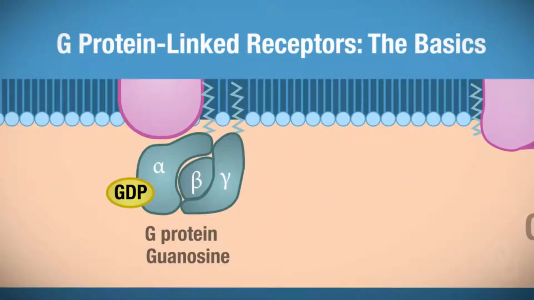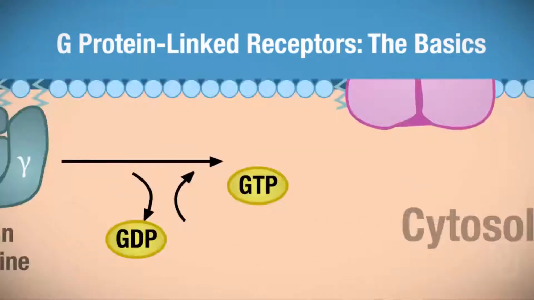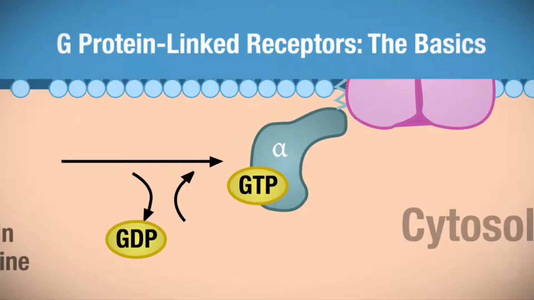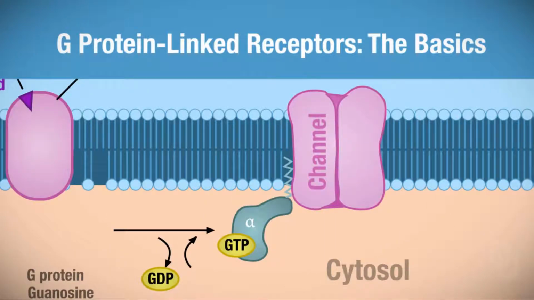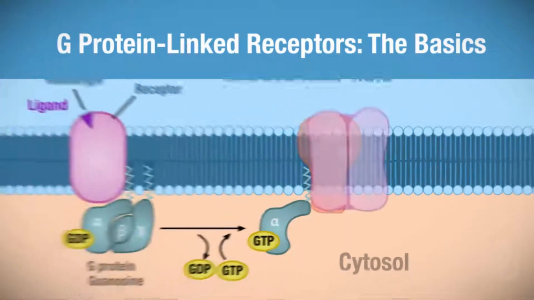Step 2: GDP falls off the alpha subunit, and when GDP falls off, GTP is added. When GTP is added, the G protein is now activated. When it's activated, it's the alpha subunit that slides over, and it will either bump into a channel or it will bump into what's called an amplifier enzyme. I'll show you examples of both of these later.